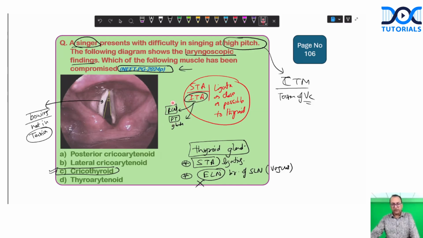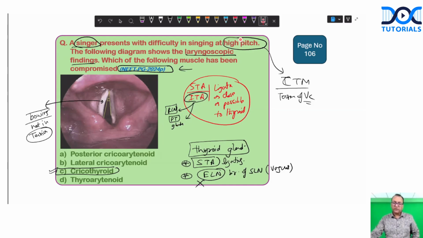There will be ischemia of the recurrent laryngeal nerve and of the parathyroid gland. You don't want that. So that is why the inferior thyroid artery should be ligated as close as possible to the thyroid, because by that time it would have already given branches to the recurrent laryngeal nerve and parathyroid gland, which you want to save. So both the arteries should be ligated as close as possible to the gland.